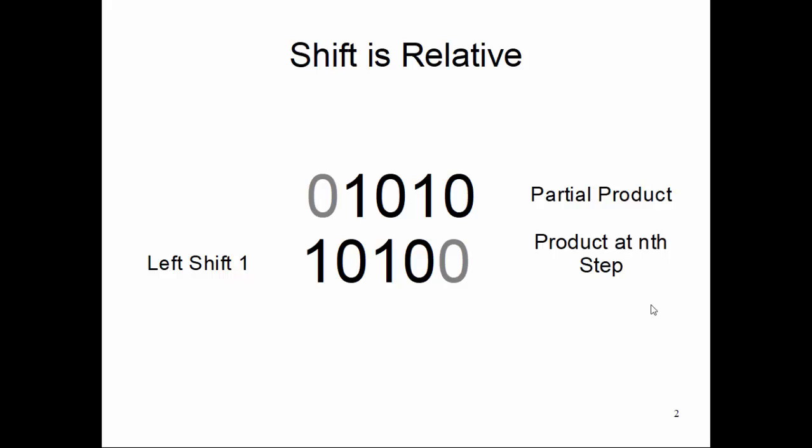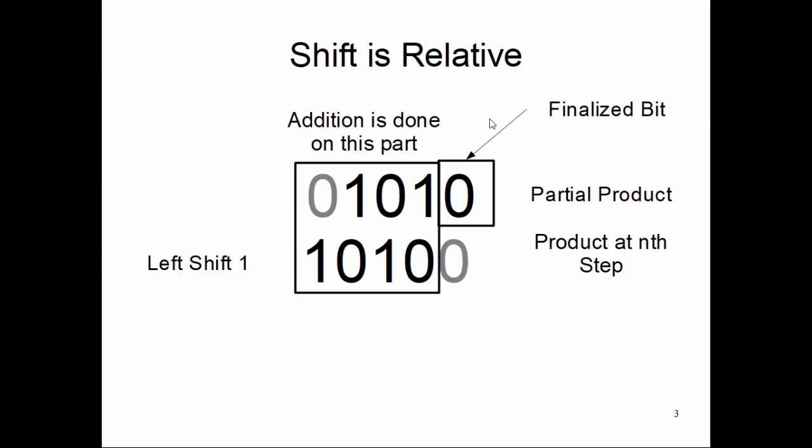If we go further forward to the n plus 1 step, n plus 2 step, n plus 3 step, it doesn't matter, that LSB position summation is going to be fixed. It is basically finalized, because down the line everything in that column will be 0, since we are systematically shifting towards the left at each step. That's what we mean by finalizing the partial product bit at this point, and addition is done only on the other 4-bit part.